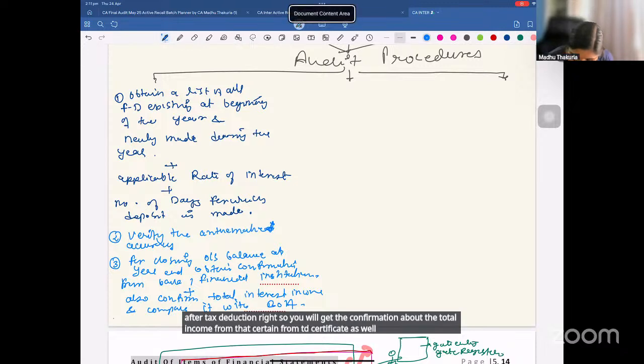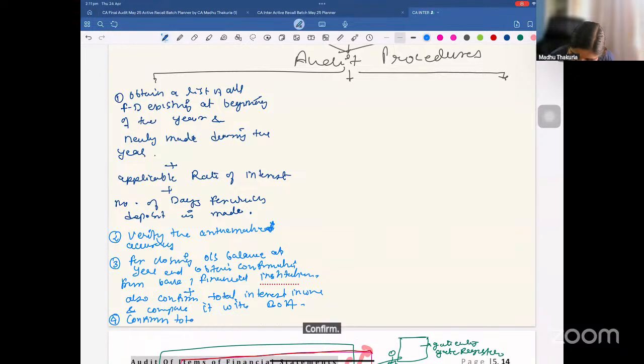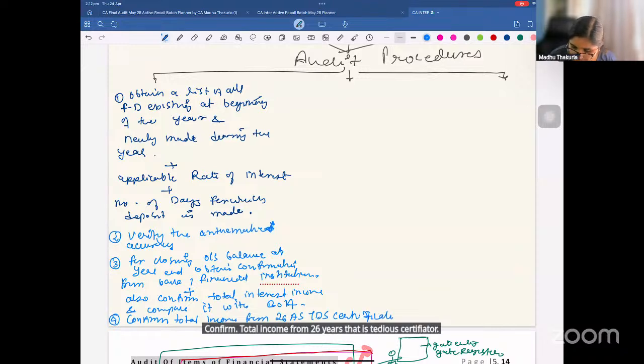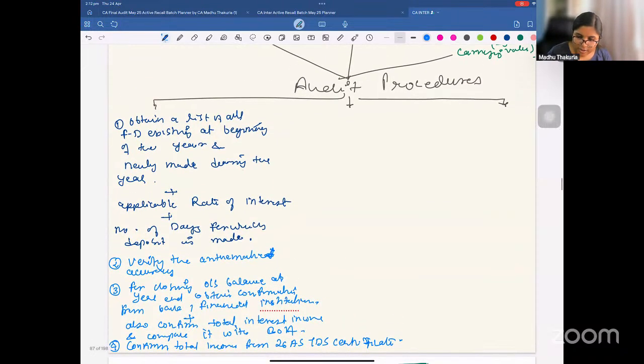So the last point, fourth: confirm total income from 26AS, that is the TDS certificate. These are for your FDs.